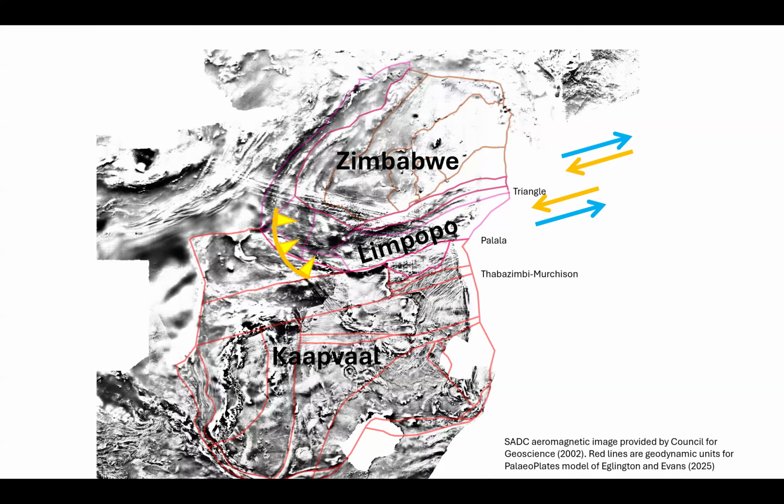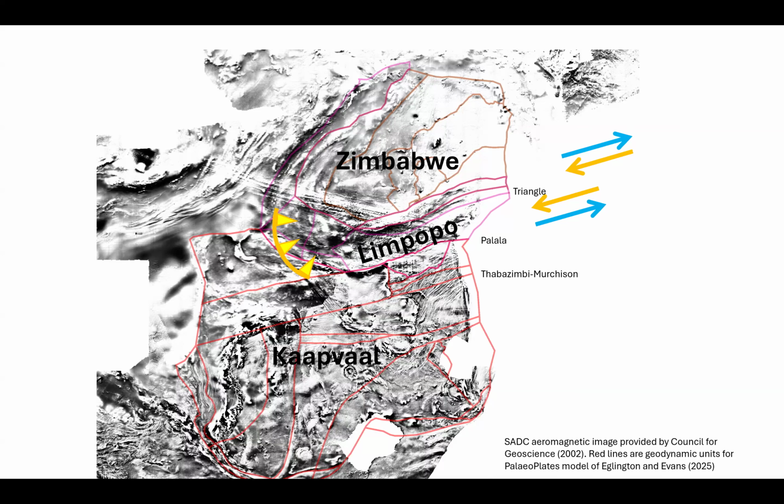Massive strike slip motion on the northern and southern boundaries of the central zone. Just highlighting a few of those major boundaries or names associated with those boundaries. In particular, I just want to highlight the Thabazimbi-Murchison one, as that comes up time and time again through this presentation.